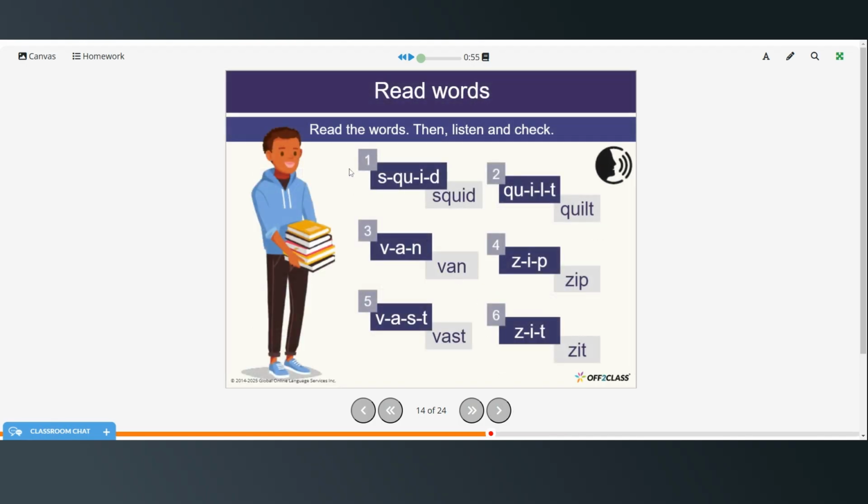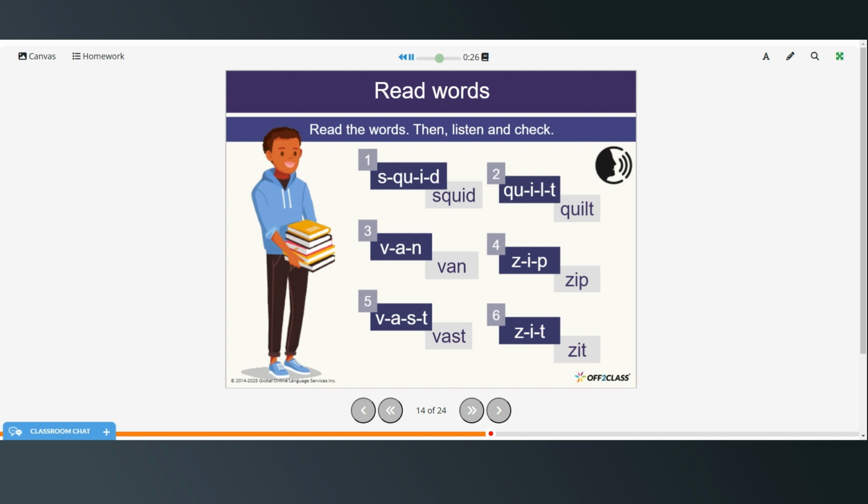All right, now practice sounding out these words, and then when you're ready, listen to check. S, K, W, I, D. Squid. K, W, I, T. Quit. V, a, n.